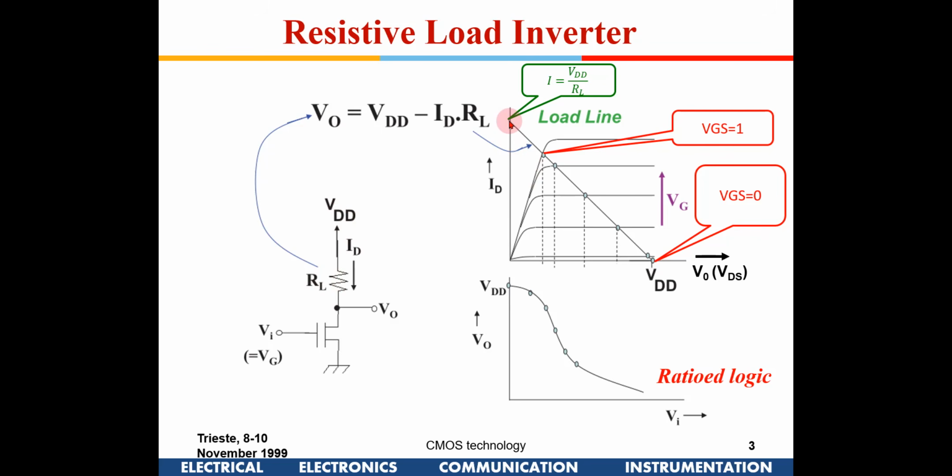So I mark this point, and for the output to be full VDD, ID has to be 0. That is the maximum. So this is the operating line of the resistor with a slope of 1 by RL. So this is the load line with respect to this resistor, which is just following Ohm's law. So is it understood how this line has been drawn? These two lines, all of you?